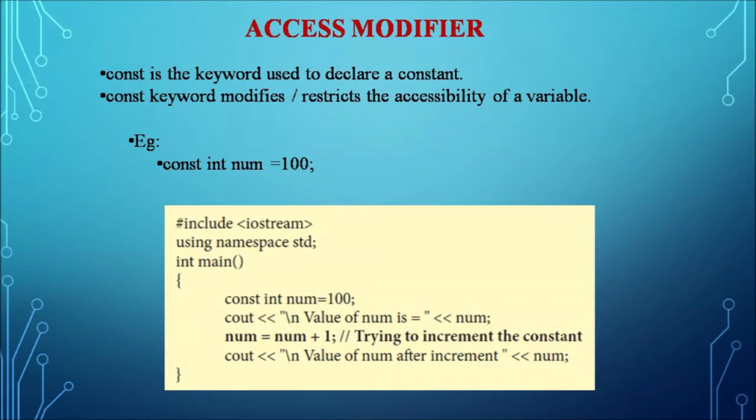Now if they try to print after the increment, it automatically shows an error: cannot modify the constant object. Also in Dev C++, it shows the error as assignment of read-only memory num. So the num variable is declared as read-only memory, so the data cannot be modified. This is the concept of the access modifier.